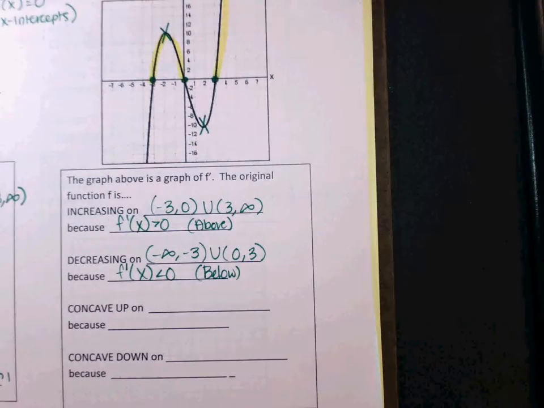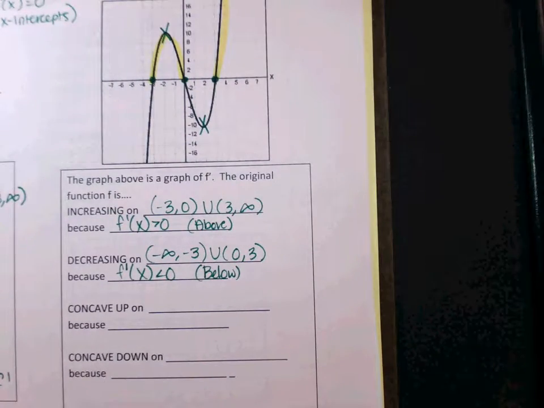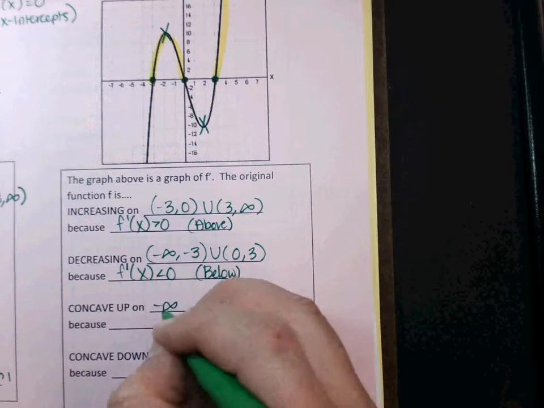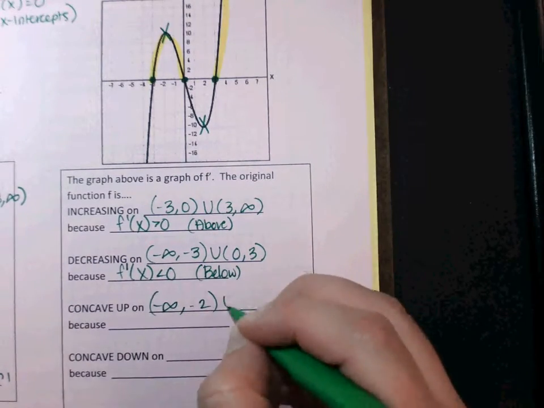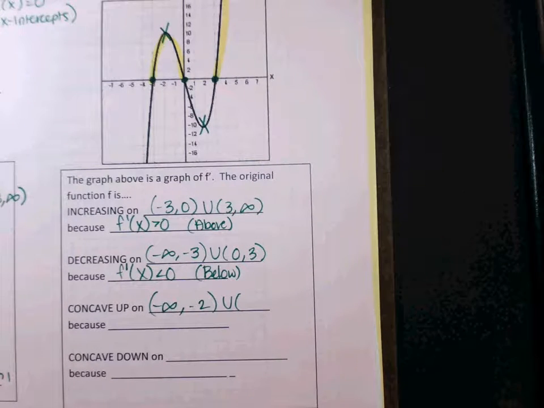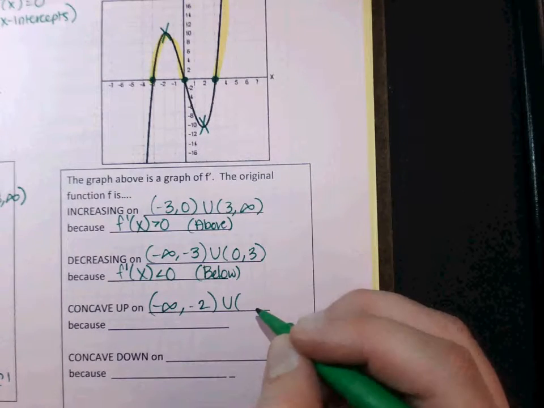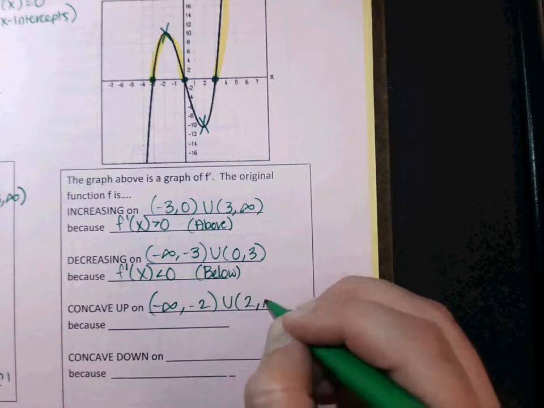You have one up here, you have one down here. If I want to know where f is concave up, I want a positive slope. When does that happen? Till -2. And then where else is it positive? From 2 till infinity. Very good.